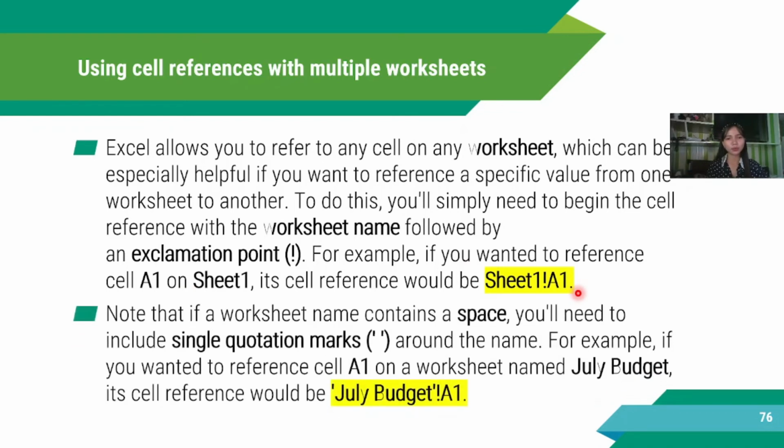Note that if the worksheet name contains a space, you'll need to include single quotation marks around the name. For example, if you want to reference cell A1 on a worksheet named July Budget, you put a single quotation mark, then the name, a single quotation mark, then an exclamation mark, then A1.